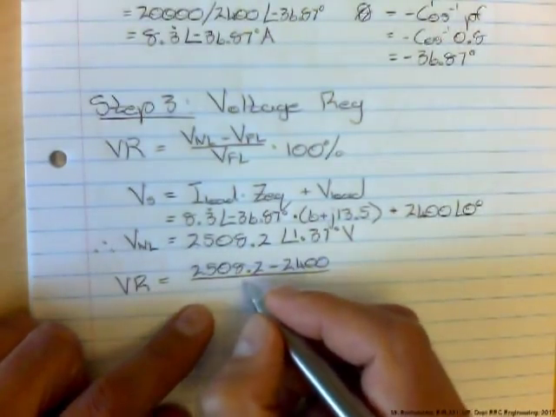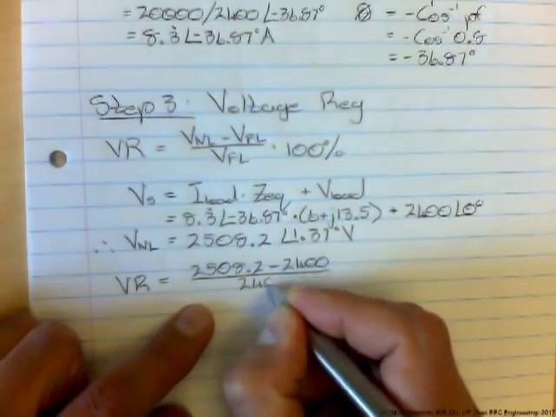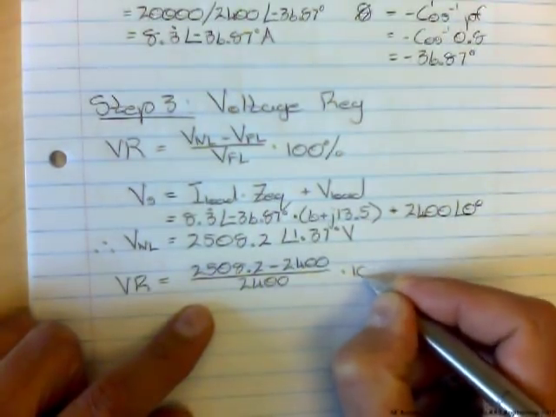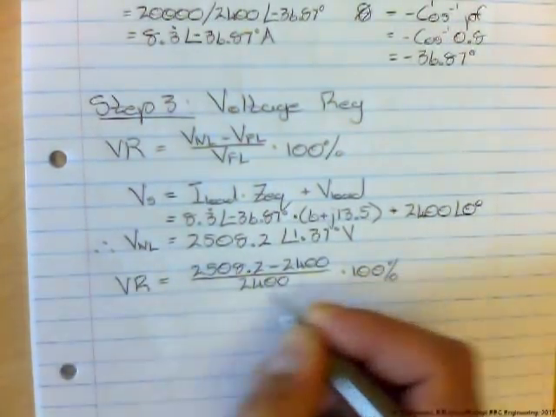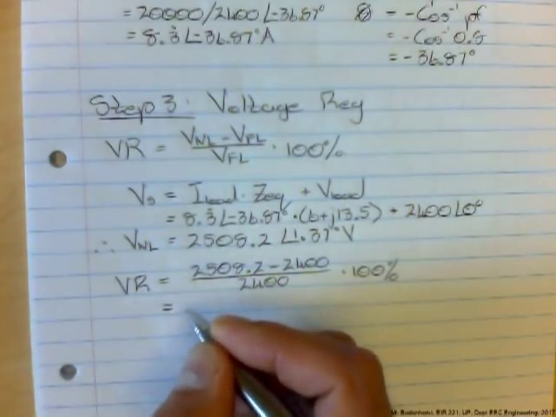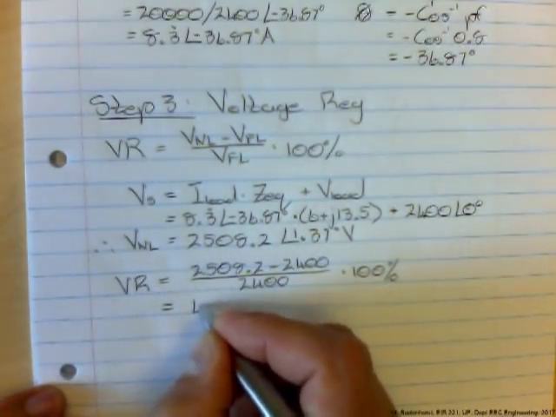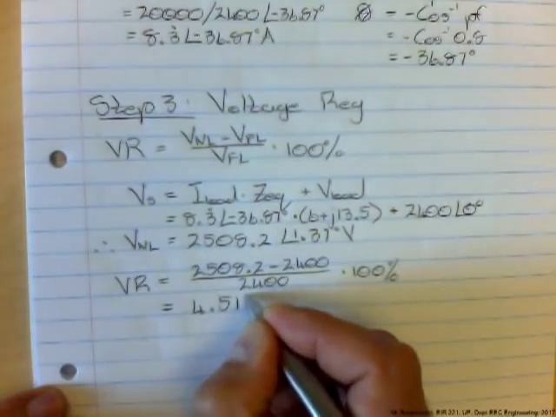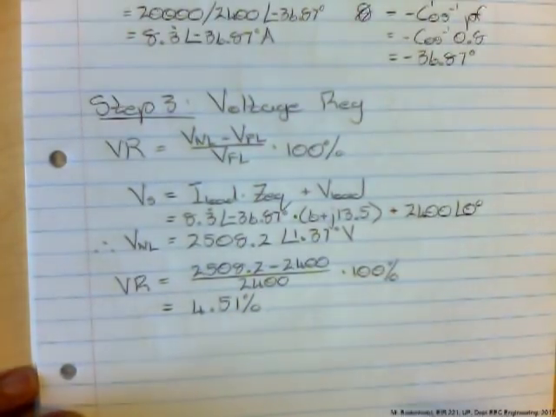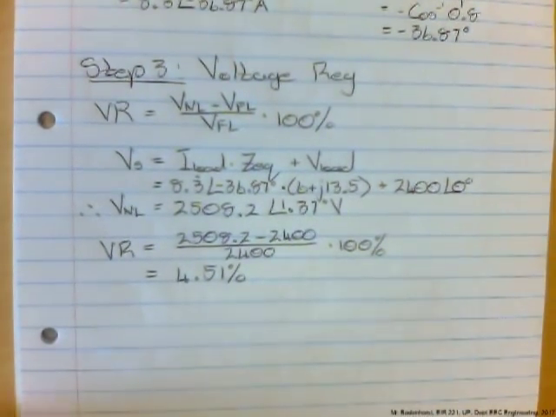Over 2400 times 100%, and that gives us a 4.51% voltage regulation. Right, so that's for the regulation bit.